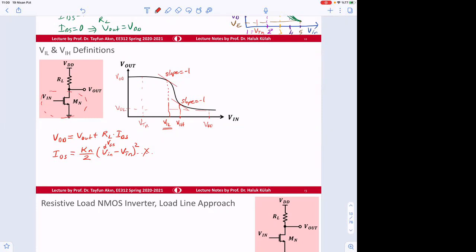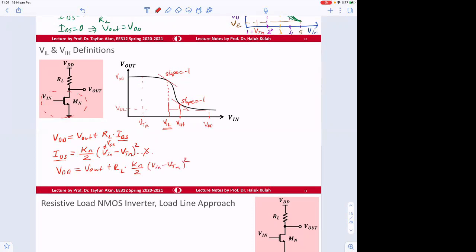Knowing that IDS is the same here, we can write VDD equal to V out plus RL times Kn divided by 2 times (V in minus VTN) squared.